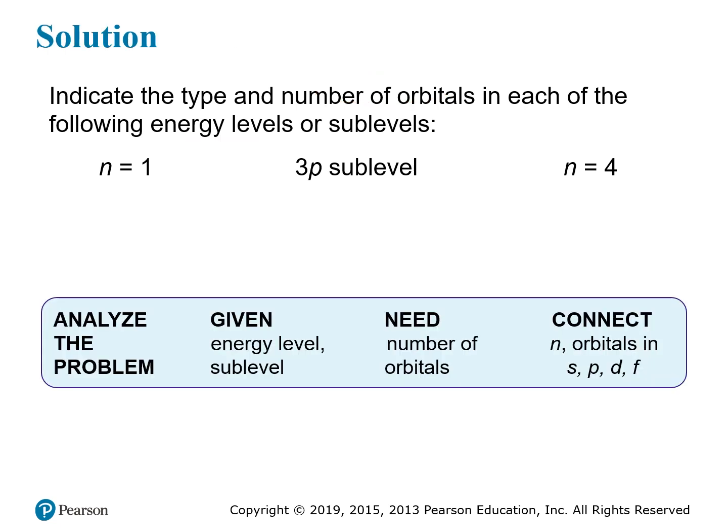To analyze the problem, you know that you were given a certain energy level or a specific sublevel within an energy level, and you need the number of orbitals, but really the only connection that you can make between the two is to just remember the rules that we were presented on the previous slides. You need to know how many sublevels are in an energy level and how many orbitals are in a particular sublevel type, the sublevel types being the S, P, D, or F letters.